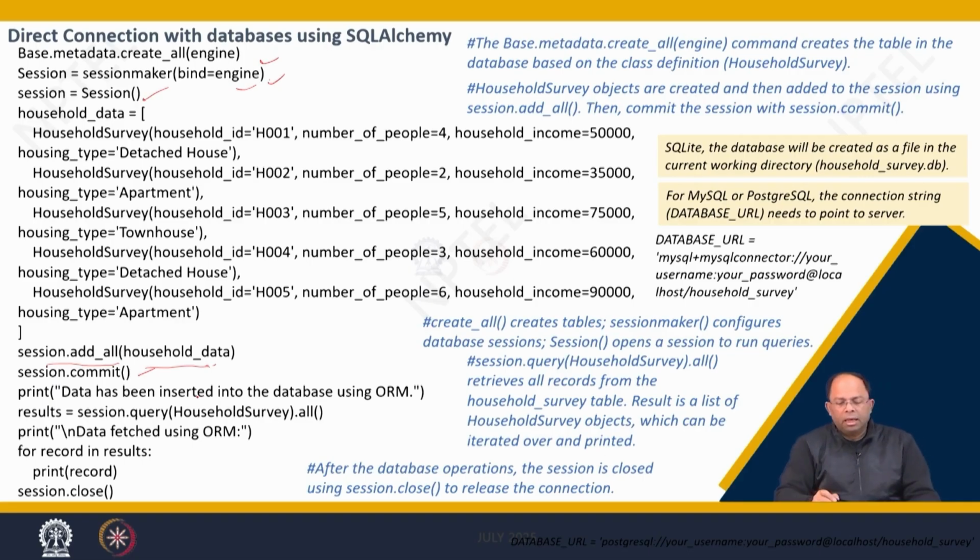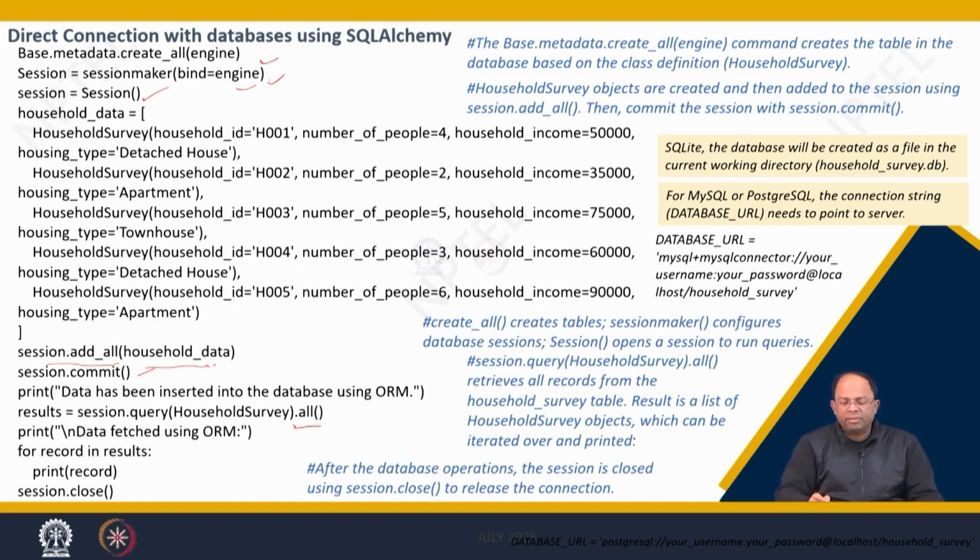Then we can print the data, and we can also write a query, session.query(HouseholdSurvey).all(). That means all the data will be retrieved. Instead of writing select star from the entire table, I am saying .all, which means all the results would be retrieved. So it retrieves all records from the household survey table.